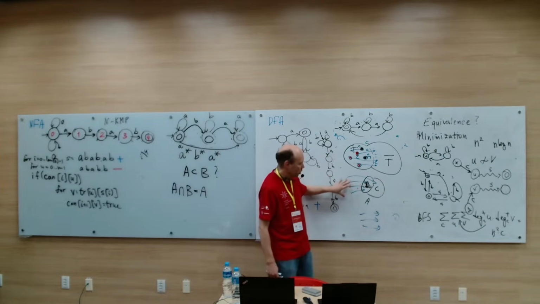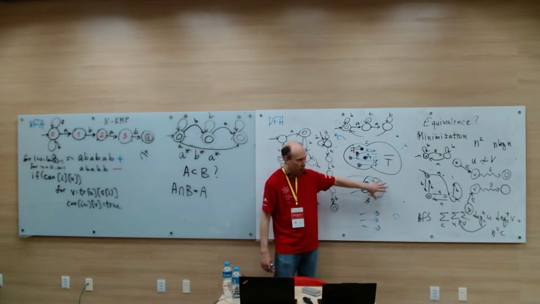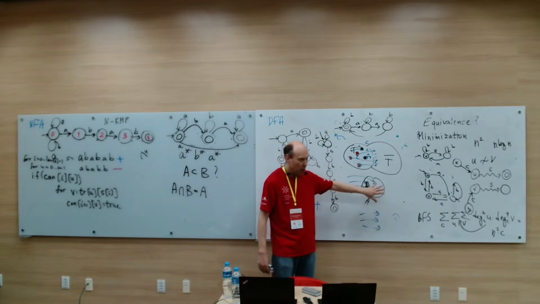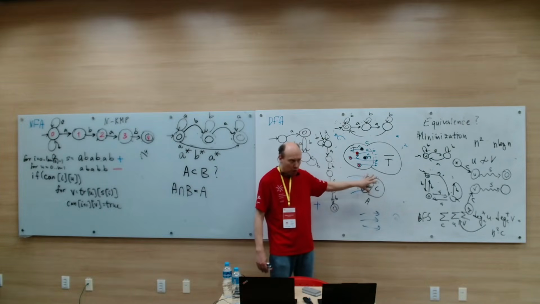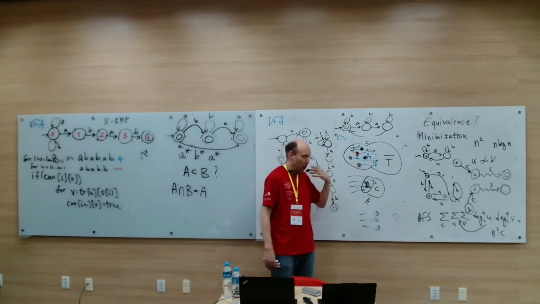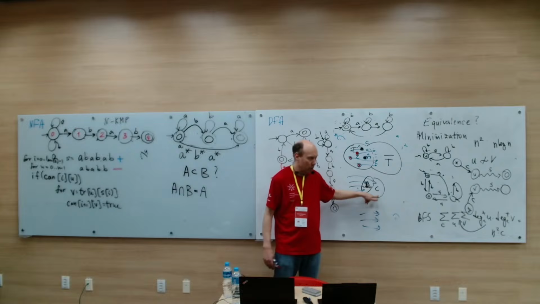Either all transitions for them go to B, or all go to C, or some to B and some to C. In this sense, some to B, some not to B, or some to C, some not to C. So we can put only the smaller of these classes to the queue again. Not both of them, but only the smaller one.